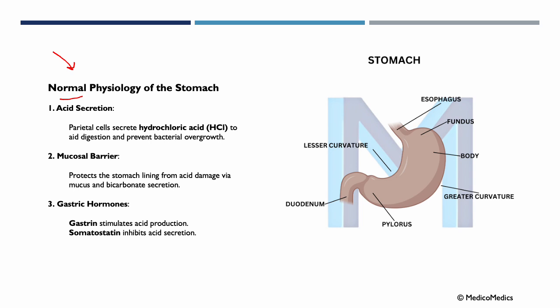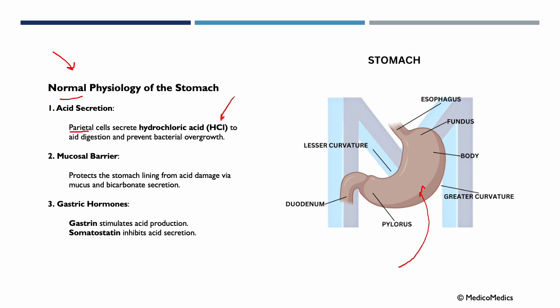This acidity is mainly due to hydrochloric acid, or HCl, and this is secreted by our parietal cells. This helps to break down food and kill harmful microbes.